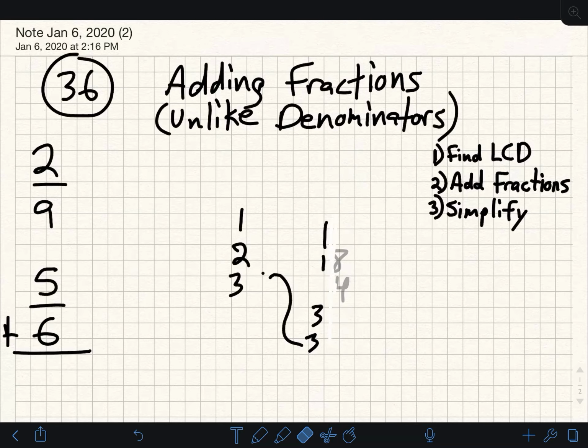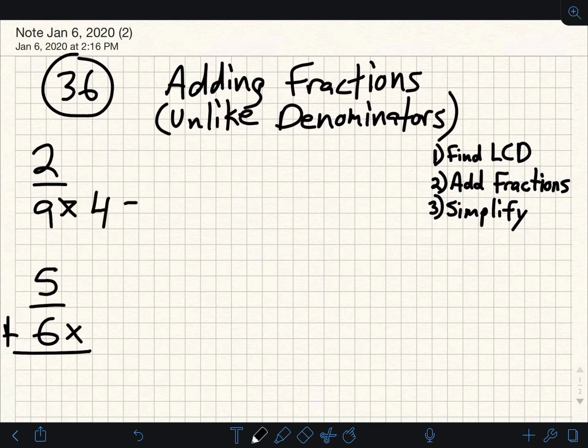So we can erase all of this. And 9 times, so what is 9 going to be multiplied by? And 6 multiplied by, so 9 times 4 equals 36. And 2 times 4 is going to be 8.